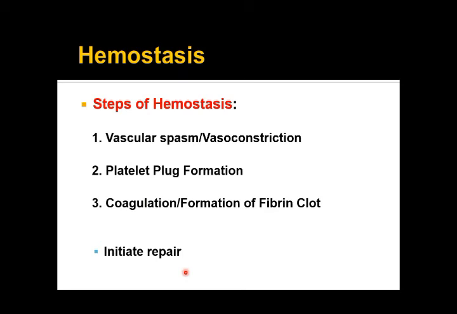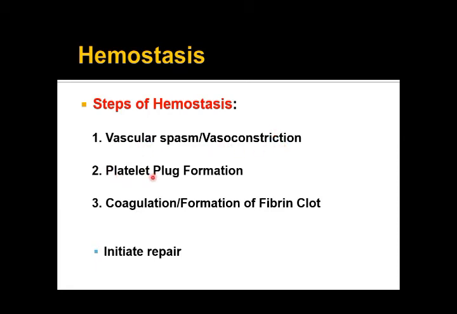And that's because at the very beginning of a traumatic injury like that, vasospasming occurs, and that limits the amount of blood loss initially. But as you keep looking at that injury, then you will start seeing bleeding kicking in, and it starts to hurt and so on. So first step, vasospasming, vasoconstriction, and that kind of reduces the amount of blood loss.